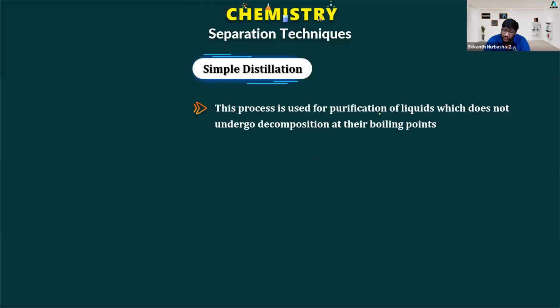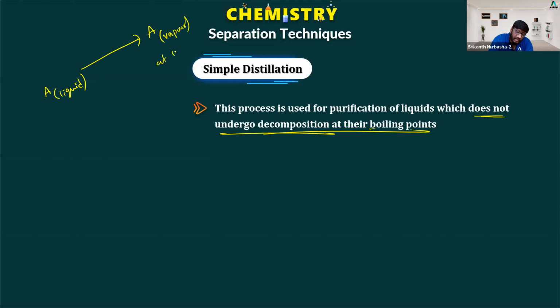This process is used for the purification of liquids which do not undergo decomposition at their boiling points. Very, very important point. If liquid A goes into the vapor stage at 100 degrees Celsius, let us say, and at 100 degrees Celsius A is converting into B, another vapor, then am I using this technique?